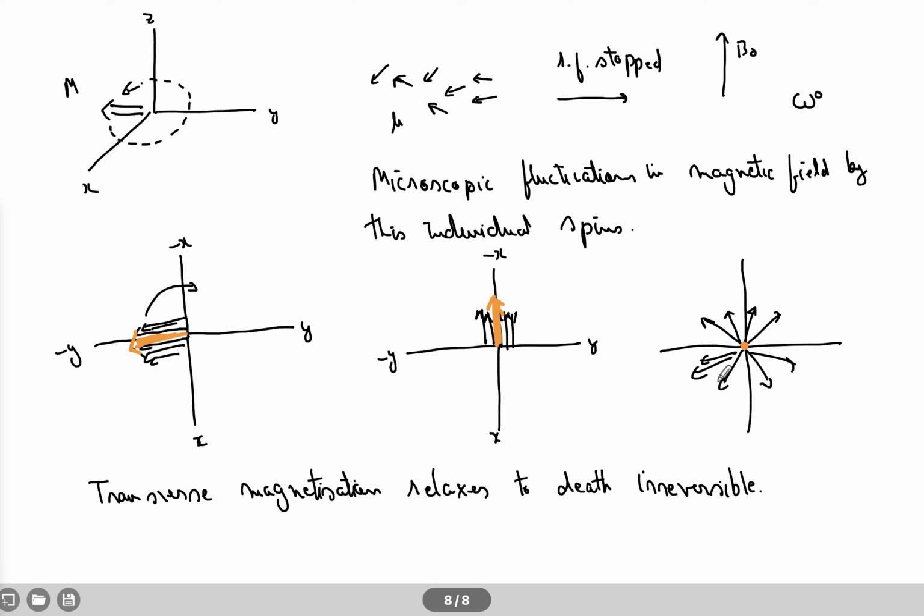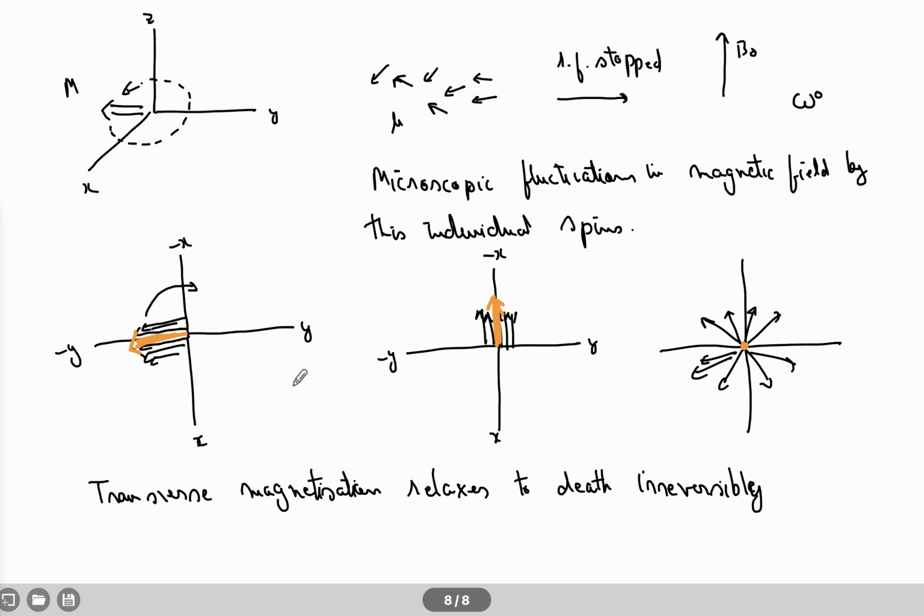If you now want to create transverse magnetization, you have to let it go all the way to the thermal equilibrium state and do the experiment all over again. Unless you apply an RF pulse again and bring the coherence in order, there would not be a transverse magnetization. So this process is called transverse relaxation, and it relaxes to death irreversibly.